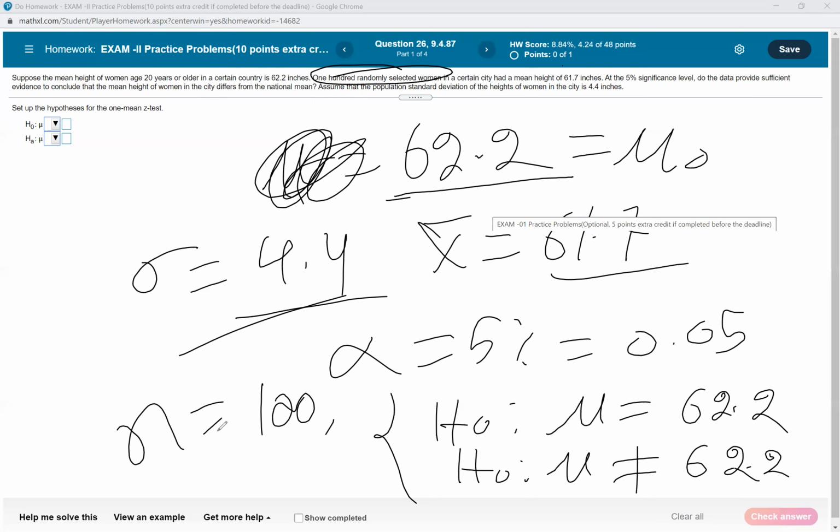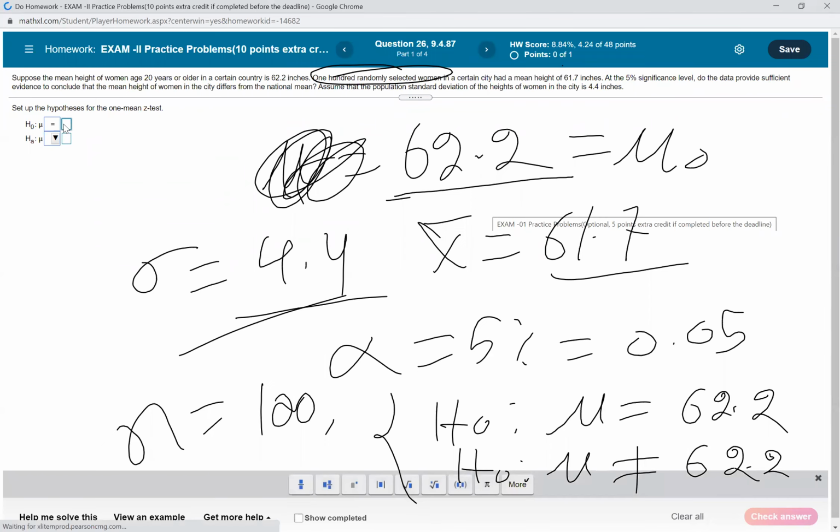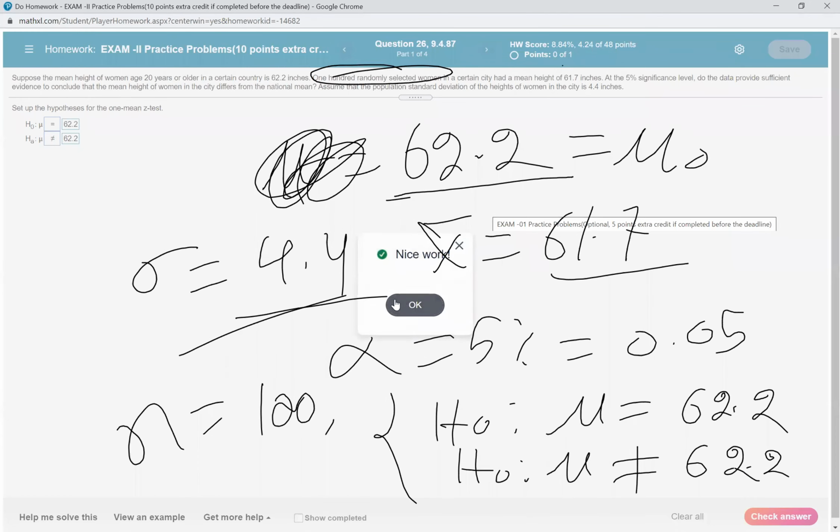So this is a two-tailed test. The null will be equal to 62.2, and the alternative will be not equal to 62.2. Oh, I'm sorry, 62.2. Okay, let me check the answer. Yeah, that's correct.